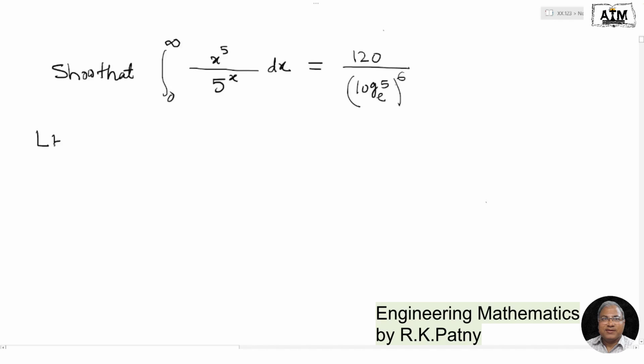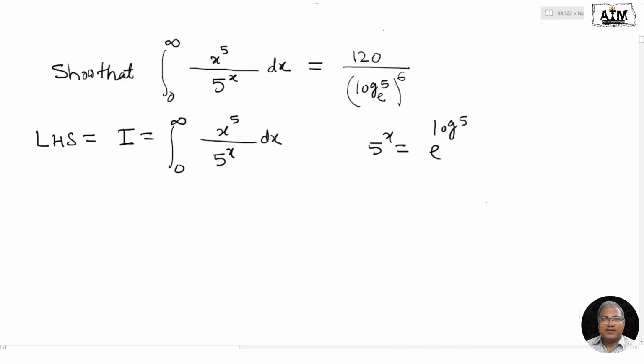So LHS equals I equals integration from 0 to infinity of x raised to 5 divided by 5 raised to x with respect to x, and in place of 5 raised to x, let us write e raised to log 5 raised to x to the base e. So this is equal to integral from 0 to infinity of x raised to 5 divided by e raised to log 5 raised to x to the base e.